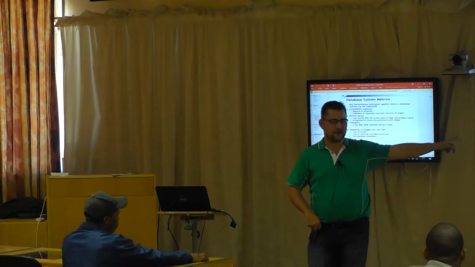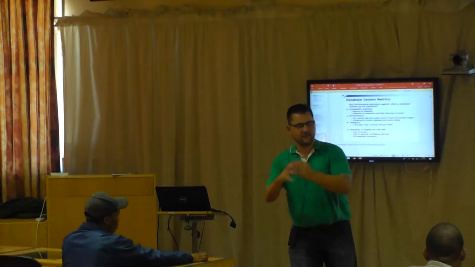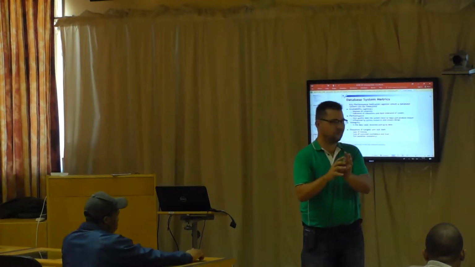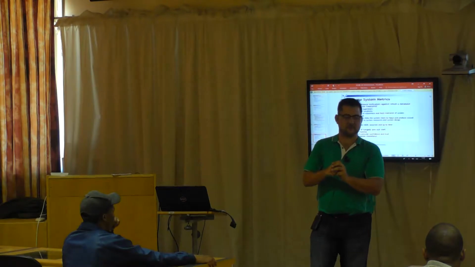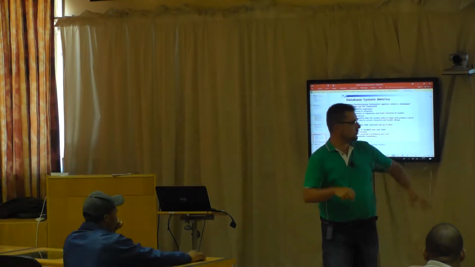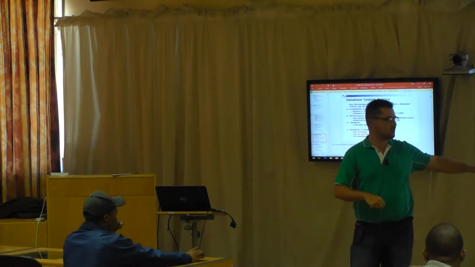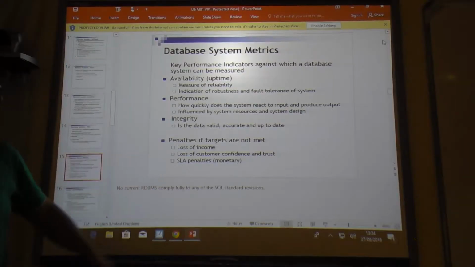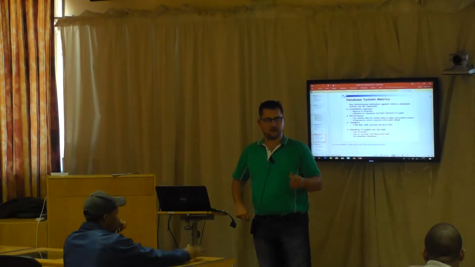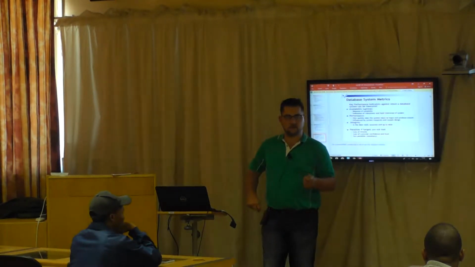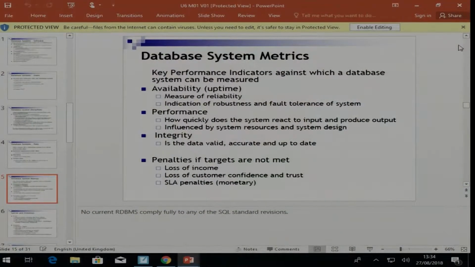If you display data to someone, it doesn't matter if it's on time and the performance is there, but you display incorrect information, you are going to have a few angry customers. So if something goes wrong, there's a few targets and penalties to this: loss of income, loss of customer confidence, and it can mean that there's monetary, as in money, penalties, that you start losing money.